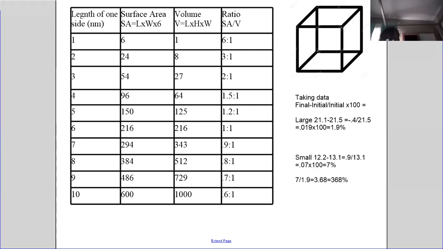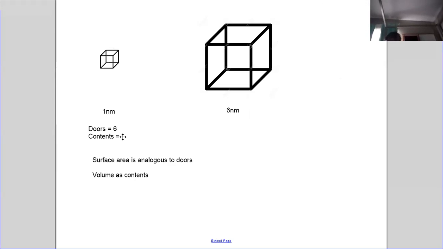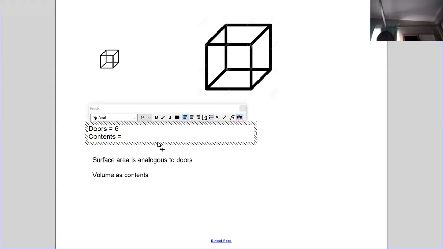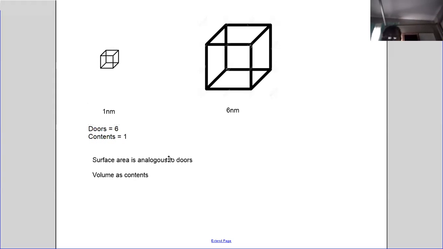If volume is contents, then what are my contents here? Yeah, you could think of it as kind of like space, sort of, the space inside. You could think of it that way as well. But what is the number that goes there? Okay, 1. Thank you.